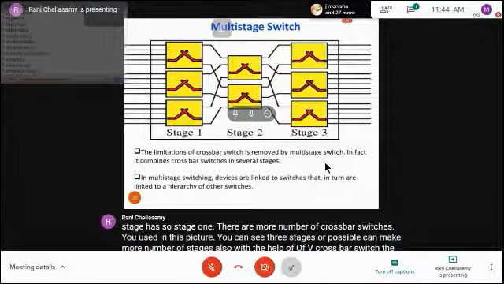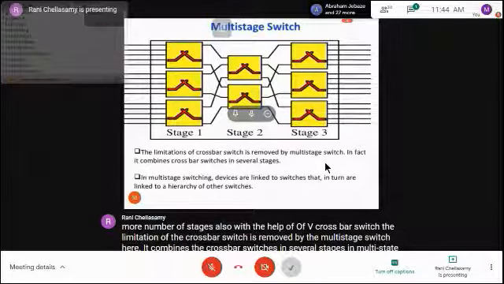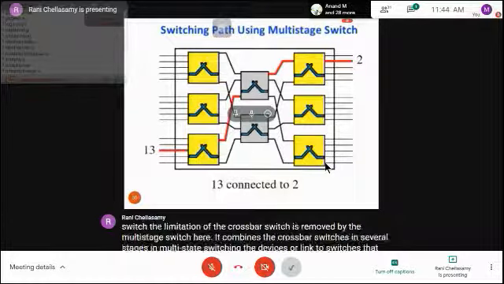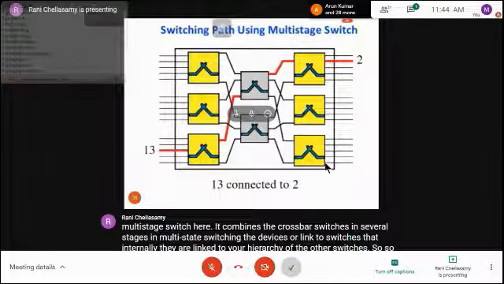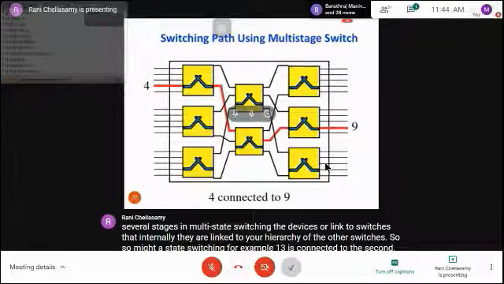Here, it combines the crossbar switches in several stages. In multi-stage switching, the devices are linked to switches that, in turn, are linked to a hierarchy of other switches. For example, system 13 is connected to the second system using the multi-stage switch. Another example, 4 is connected to 9.